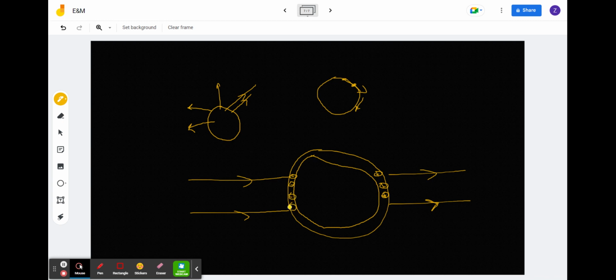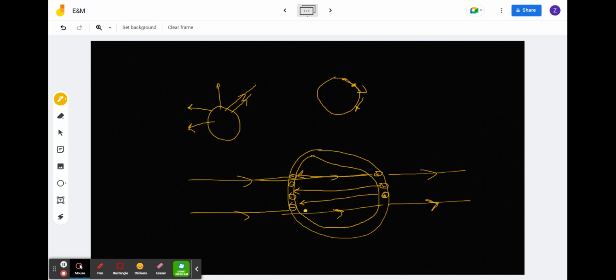And because these charges are now distributed along the surface of the conductor, there's another electric field inside that goes from the positive to the negative. But since there's an electric field also coming in from the right, this is called the superposition of electric fields.